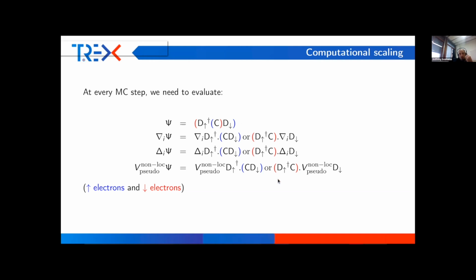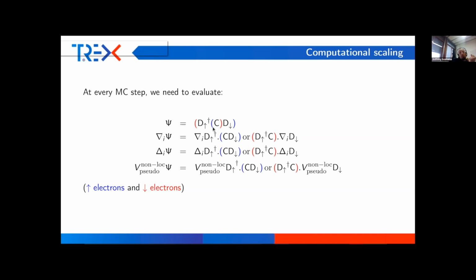So you just do these little matrix vector multiplications. And the important thing to visualize is that the only step that depends on the total number of determinants is this one, okay? Because here the number of operations will be proportional to the number of non-zero elements of C, which are the total number of CI coefficients.